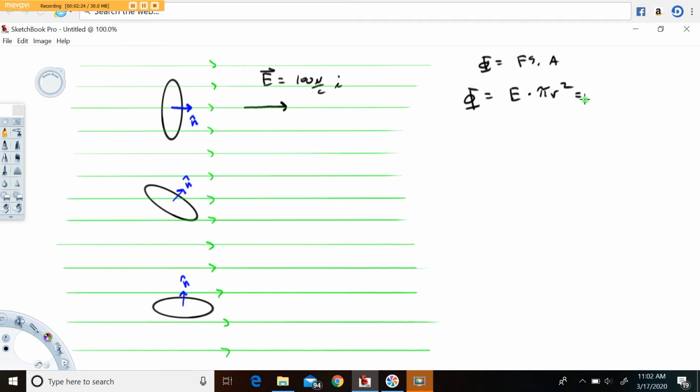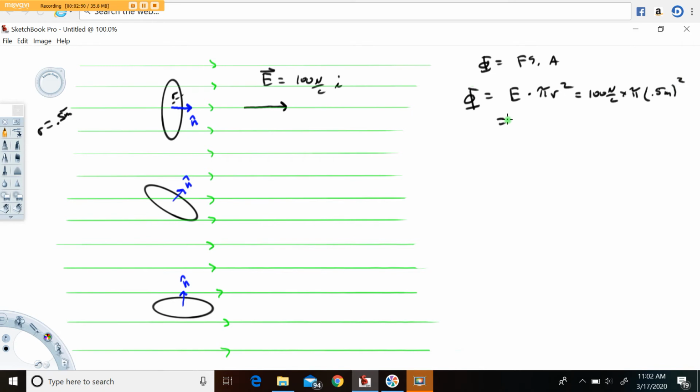So if we just put in numerical values here, and I just made up numbers off the top of my head, that's going to be 100 Newton per Coulomb times pi times the radius of this thing squared, and I'm going to use R equals 0.5 meters. This is just a completely made up example. So it's going to be field strength times area, times 0.5 meters squared.